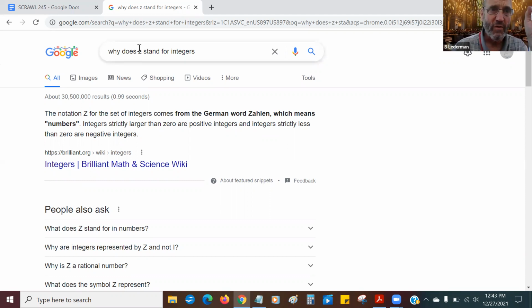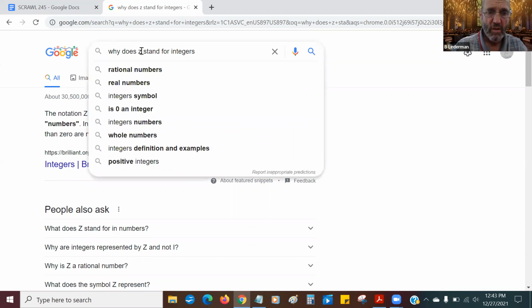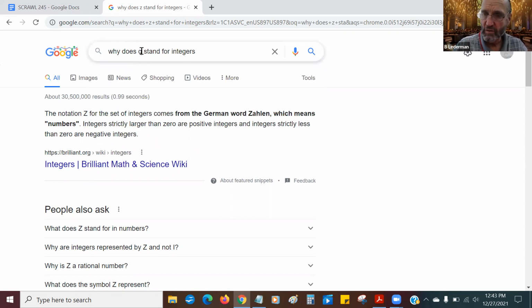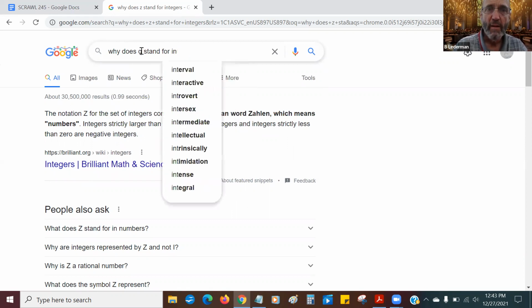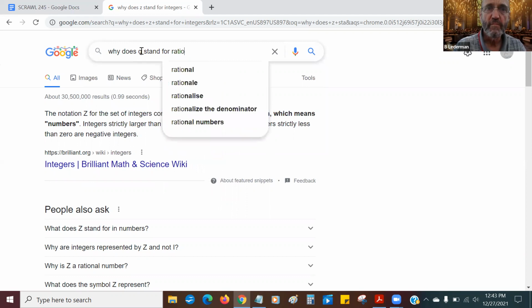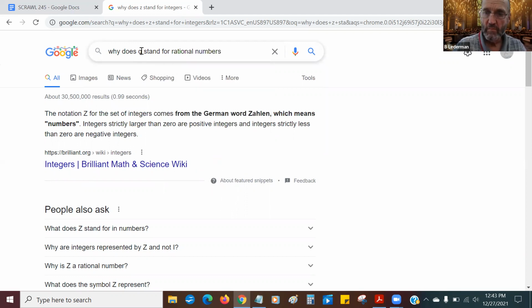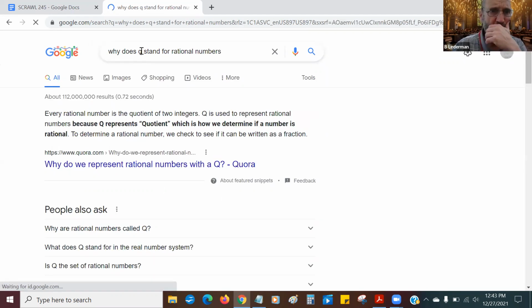What does Q stand for? Rational numbers. It's also something I always wondered. So, quotient, interesting. I never thought of that one, because a rational number is a fraction, so it's a quotient. Oh, I never knew that. Look at all the things you learn in college.